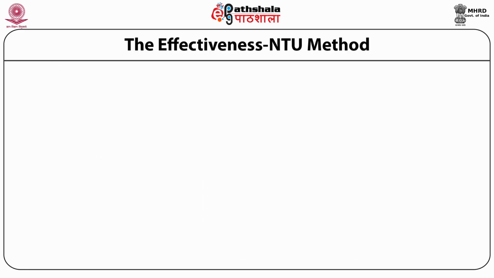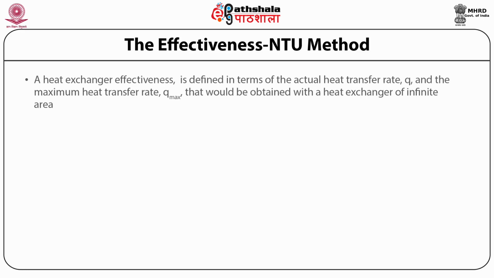Now we will move to the next portion, that is effectiveness, also known as the NTU, number of transfer unit method. So what is heat exchanger effectiveness? Heat exchanger effectiveness is defined in terms of the actual heat transfer rate Q and the maximum heat transfer rate Q max that would be obtained with a heat exchanger of infinite area.